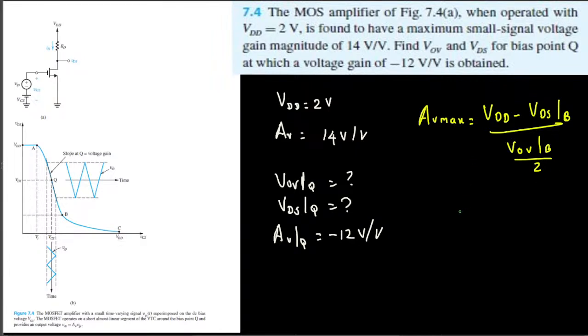For the maximum gain, the overdrive voltage and VDS are equal.